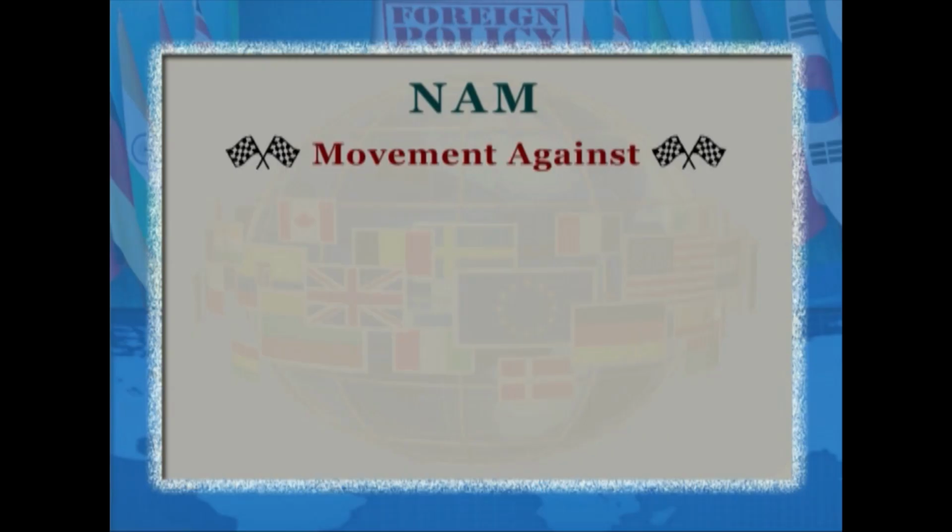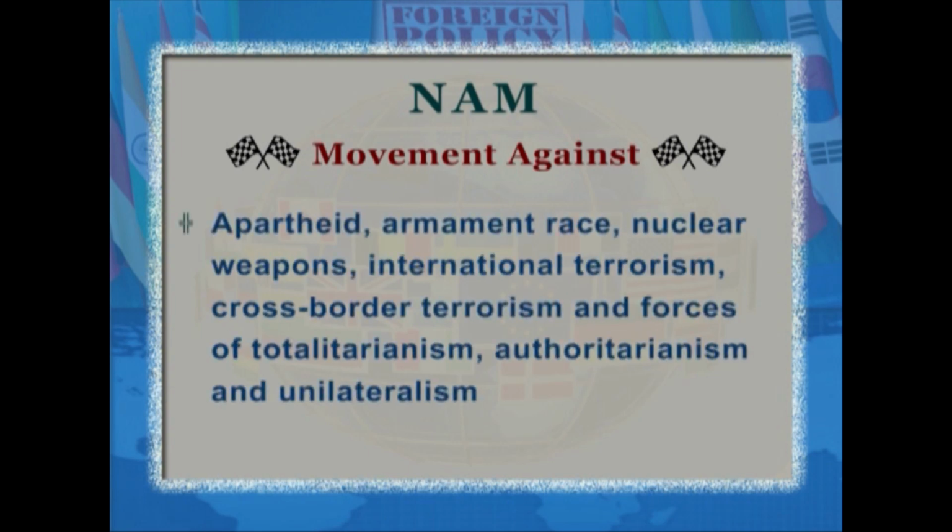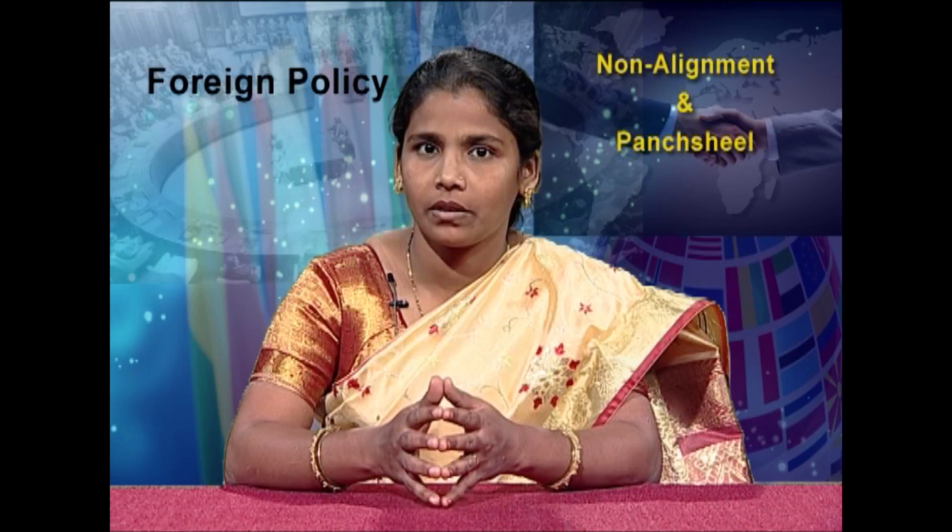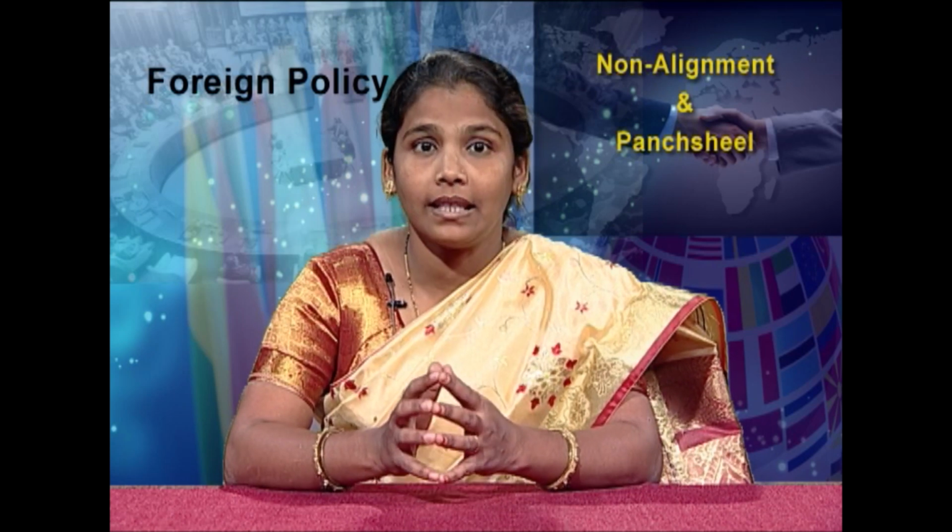But it must be noted that NAM has been a movement against apartheid, armament race, nuclear weapons, international terrorism, cross-border terrorism and forces of totalitarianism, authoritarianism and unilateralism. Though some progress in controlling these evils has been achieved, the battle against these is yet to be won.